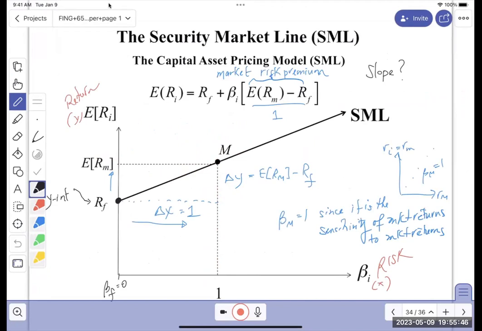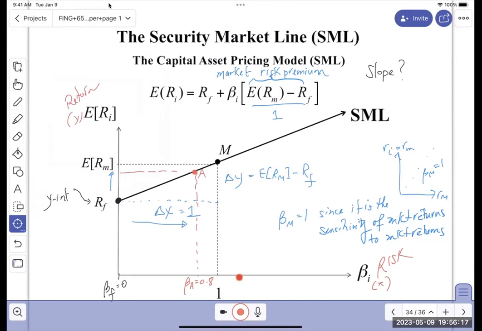So beta A was 0.8. It's going to be over here. I think I'm going to put it a little bit further out because I know there's another one coming. So this would be it here. And then B is going to be 1.2.